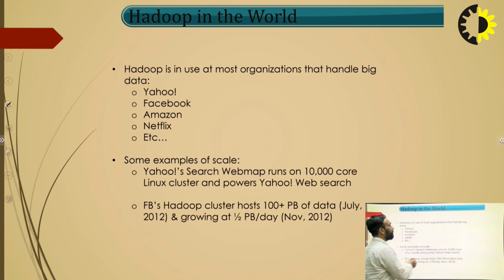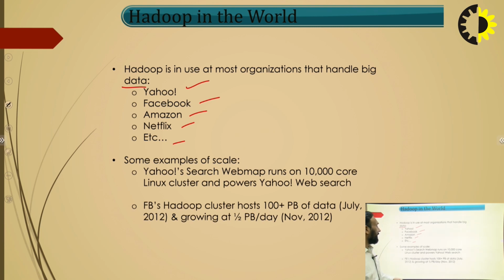Hadoop is used at most organizations that handle big data, like Yahoo, Facebook, Amazon, Netflix, etc. Mostly social media sites use Hadoop to analyze their data in a parallel way as soon as possible, or we can say in a fast manner, and that is achieved with the help of Hadoop. It is possible in Hadoop because of its 4 components: MapReduce, HDFS, YARN and common library. The combination of these 4 components makes a strong architecture that is known as Hadoop architecture.